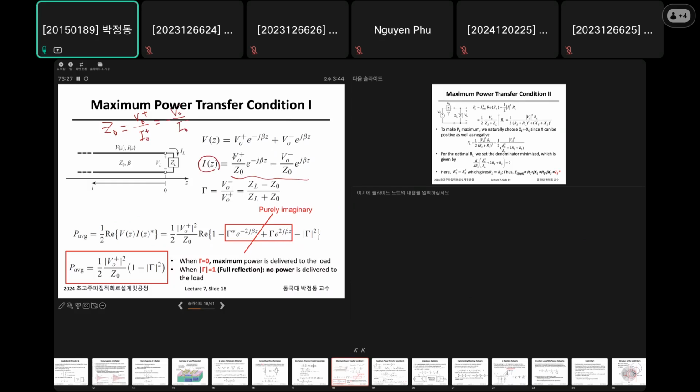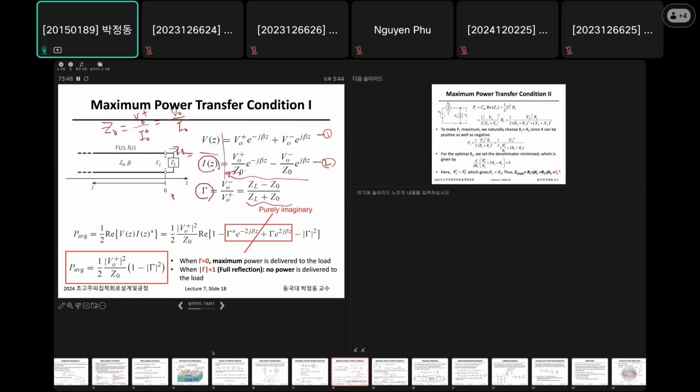So if I divide the first one by the second one, V divided by I at z equals 0 is ZL, right? So from this relation, I can calculate the gamma like this.